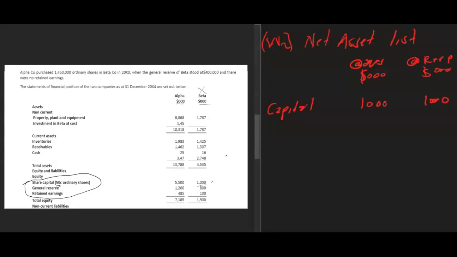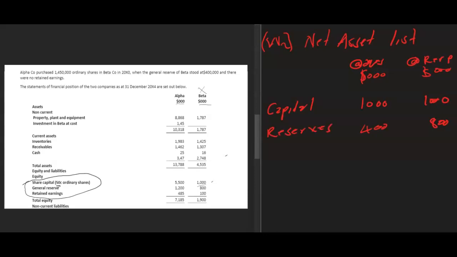General reserves, we have 800. This is at reporting. What about at acquisition? We have 400. That is our reserves.